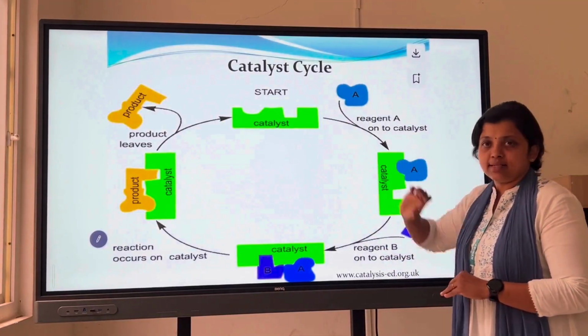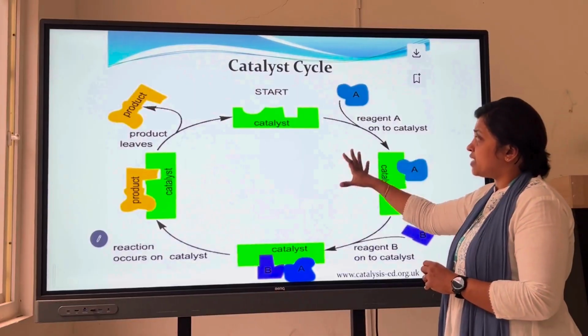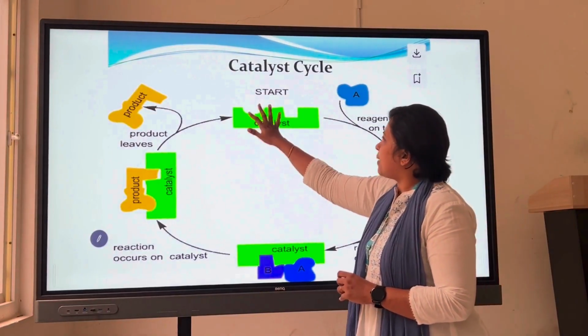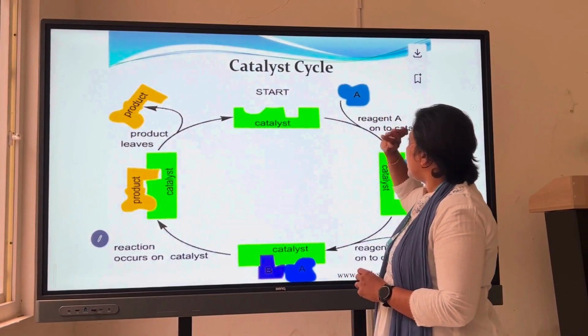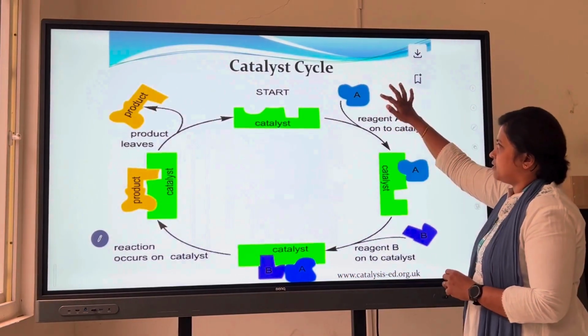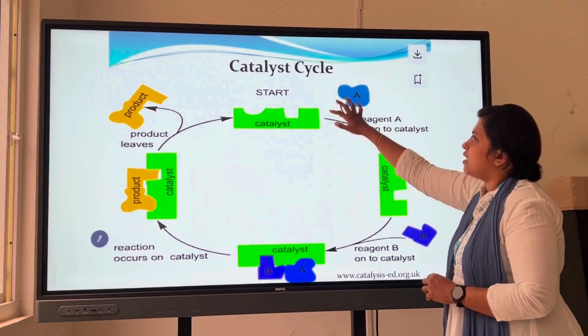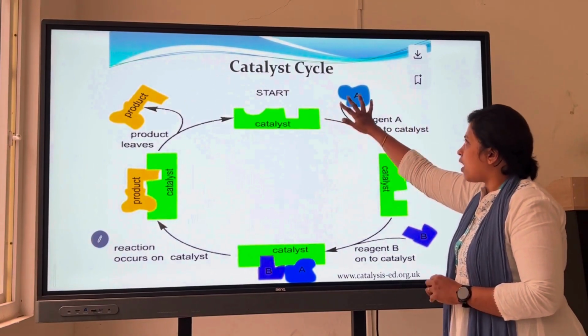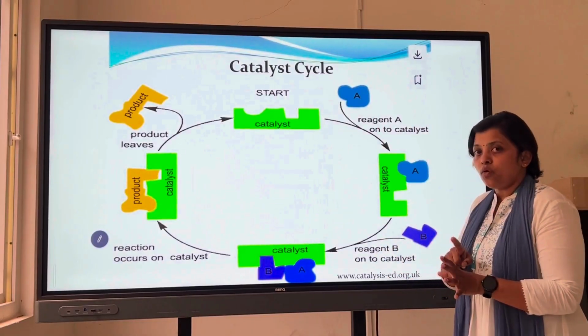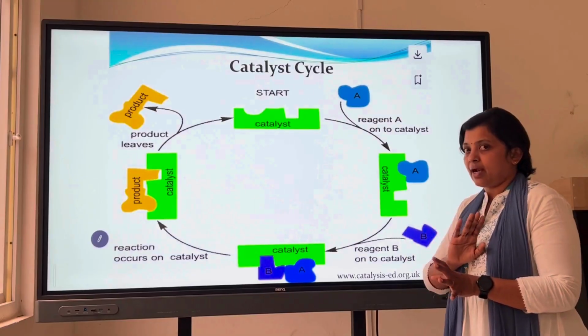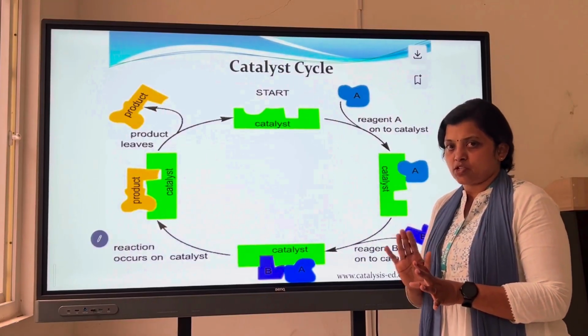So this is the catalyst cycle. Here you can see very clearly, this is a part of the catalyst, and this A is one kind of raw material. This raw material and this catalyst both go into the reaction, and we know very well that the catalyst will not be involved in the reaction, right?